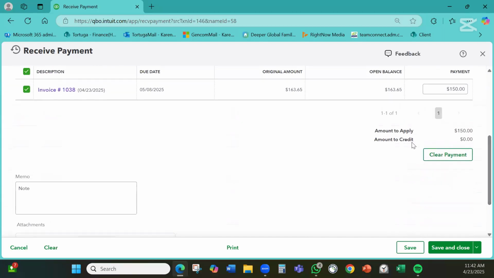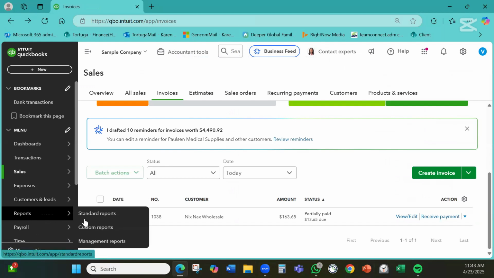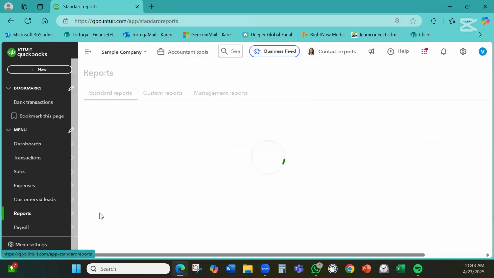And you're finished with that, so you're going to save it and close it. And that's it. So the next thing you want to do is look back here on your report to make sure that it's reflected.